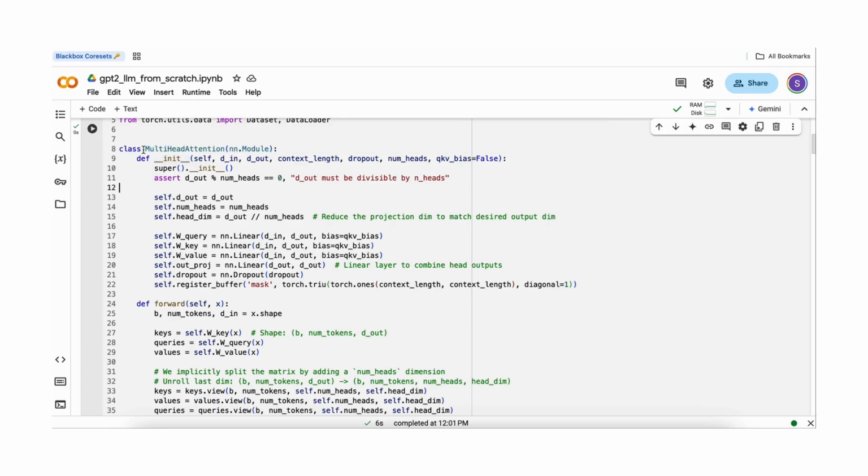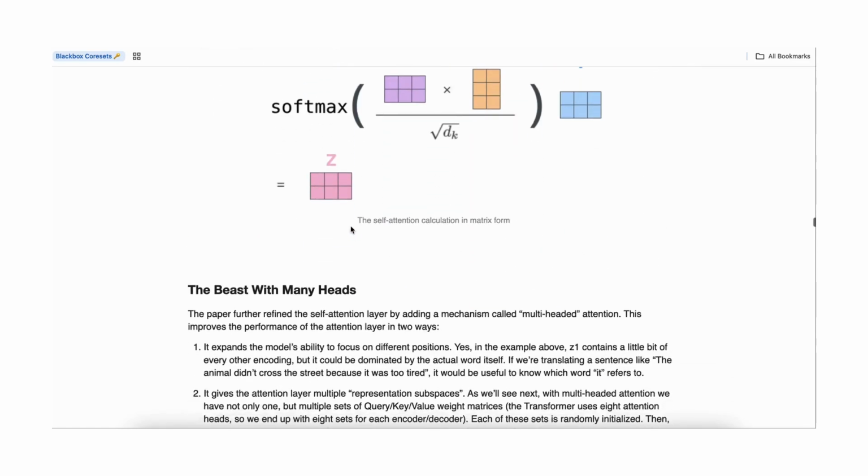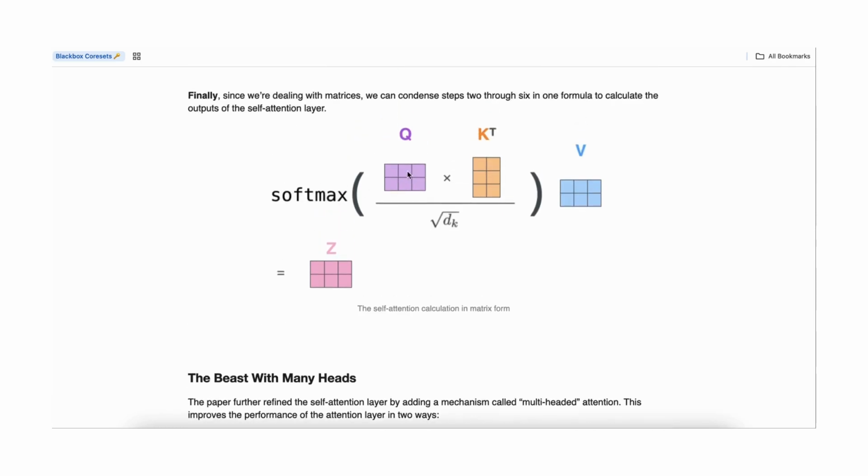So the multi-headed attention, as you can see, has multiple heads. The idea is to calculate this Z vector from the queries by multiplying the queries and the keys, and then get a weighted average of the values of all of the embeddings of the tokens.